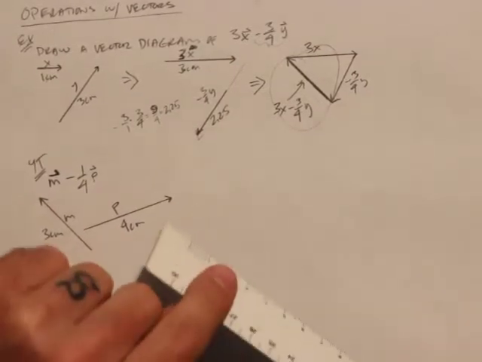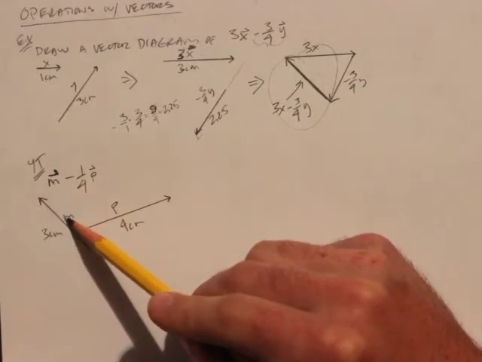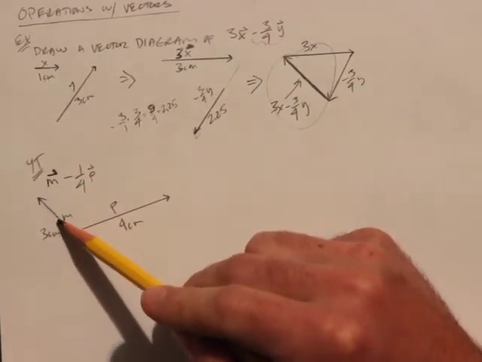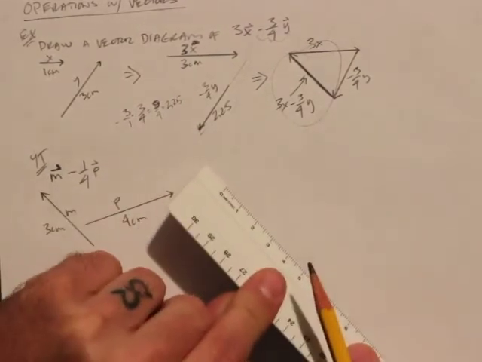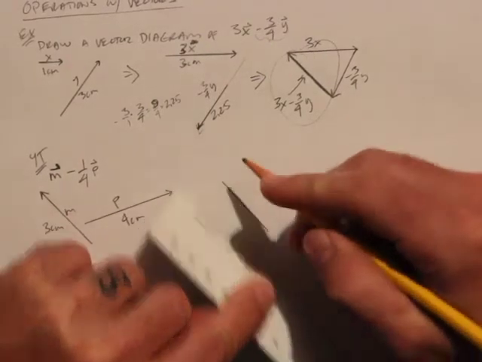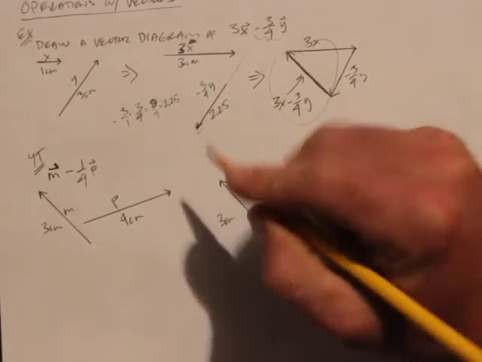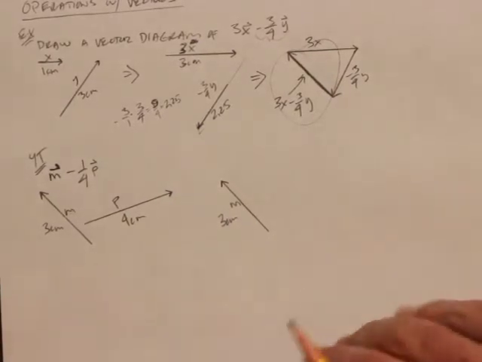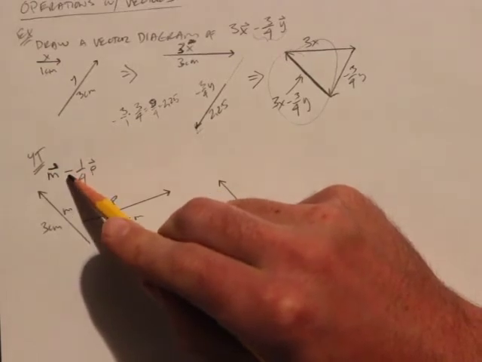Now, okay, so there's no manipulation to do to vector m, because it's just m here, it's not times anything or divided by anything. So we're going to leave that one the way it is. I'm just going to redraw it at that angle. So 1, 2, 3. 3 centimeters, and this is m. And then I'm going to do 1/4 p, and I've got to flip it the other direction too because this is minus.